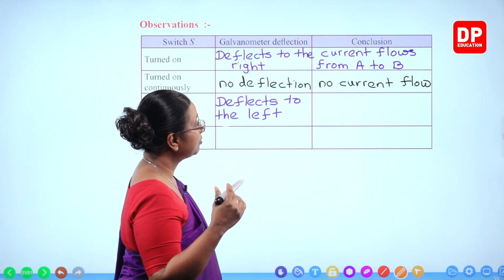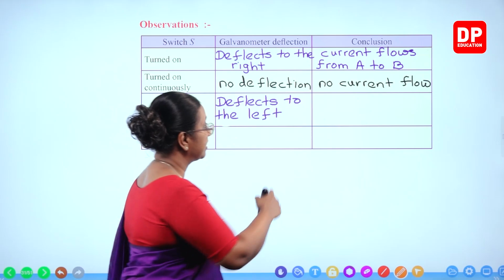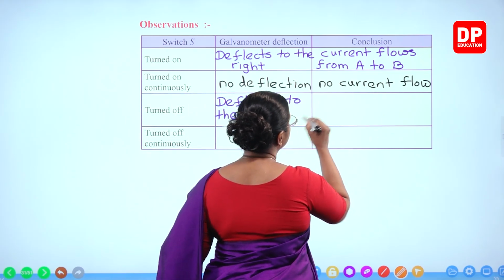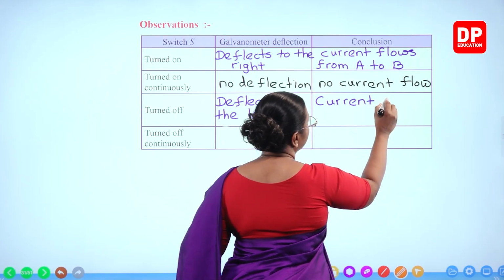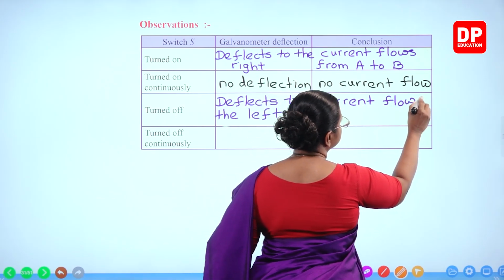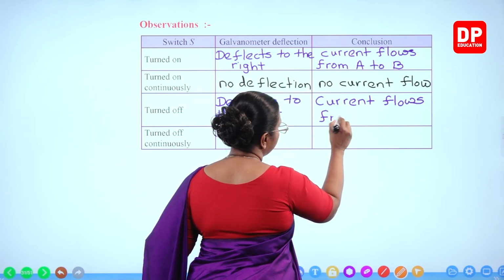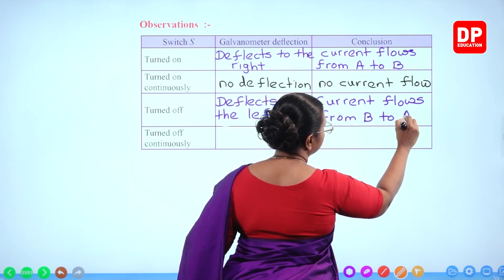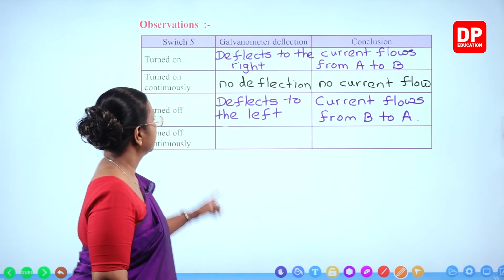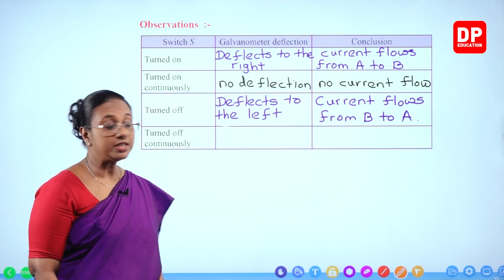We can say current flows in the opposite direction, or I can say current flows from B to A. So that is as we turn off the switch.